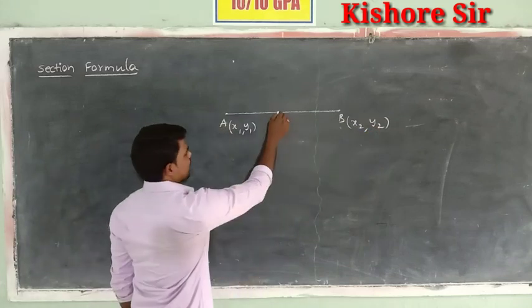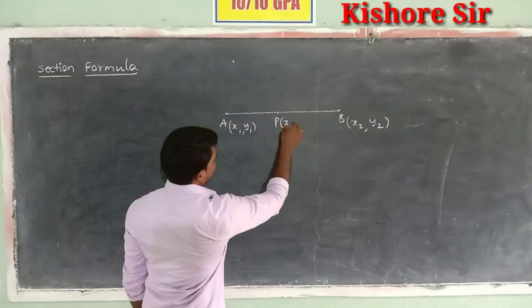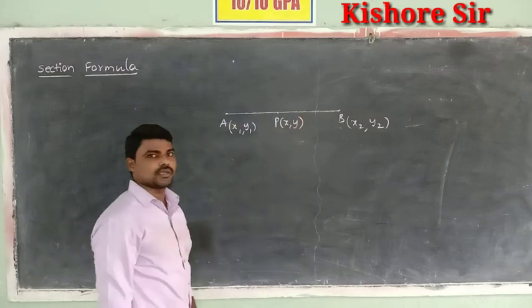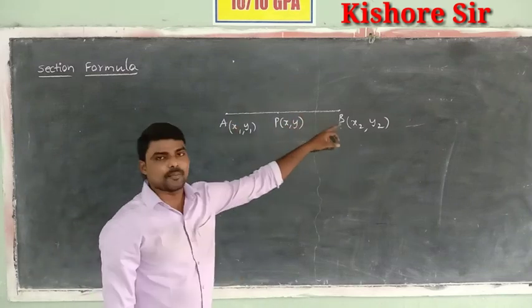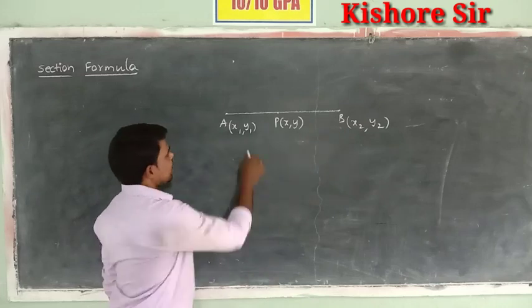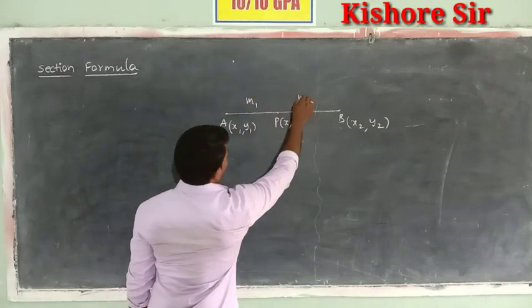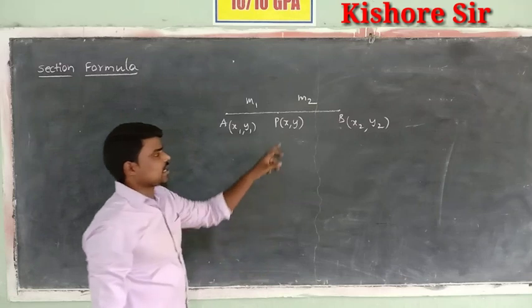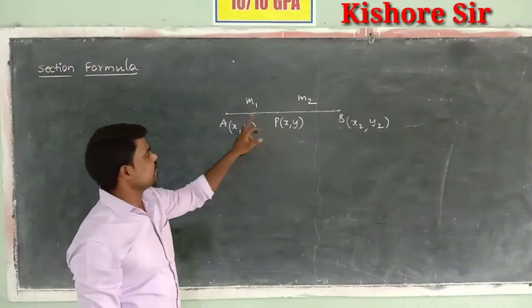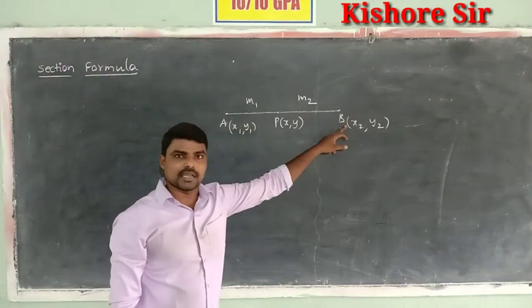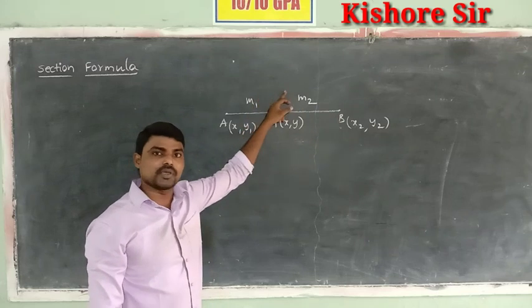Let a point P x, y divide the line segment AB in the ratio m1 is to m2 internally.